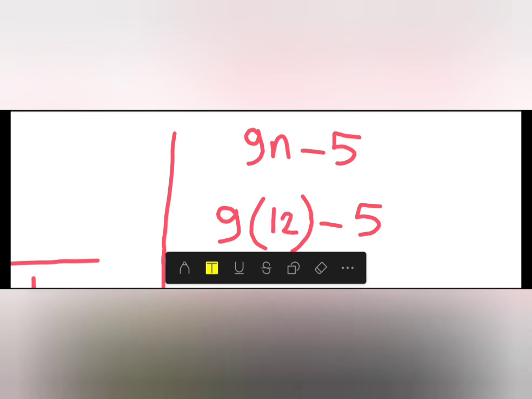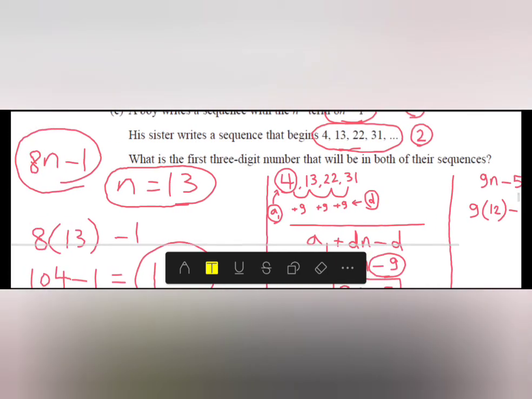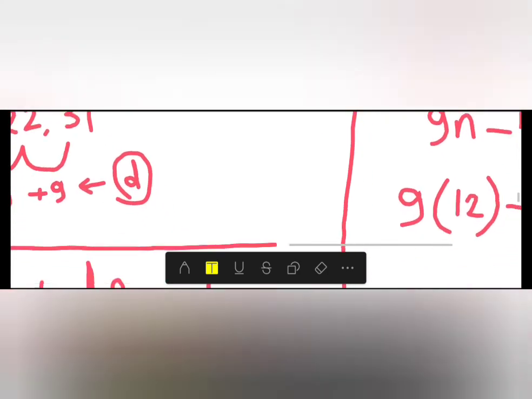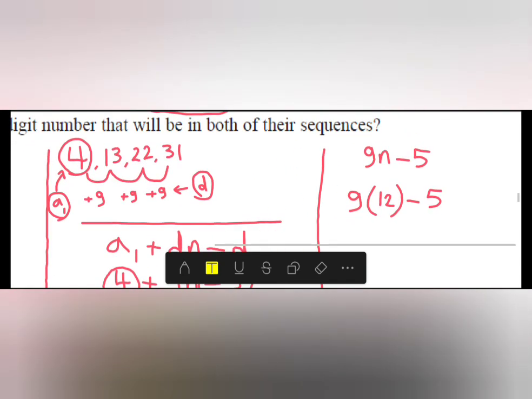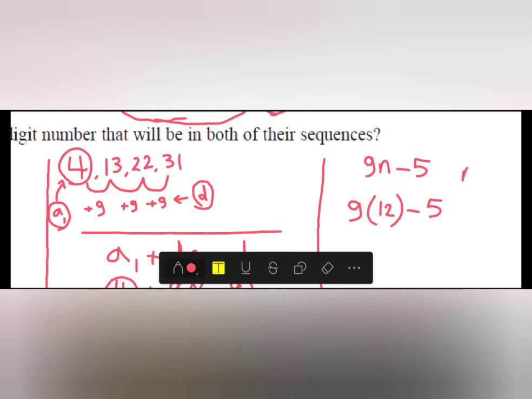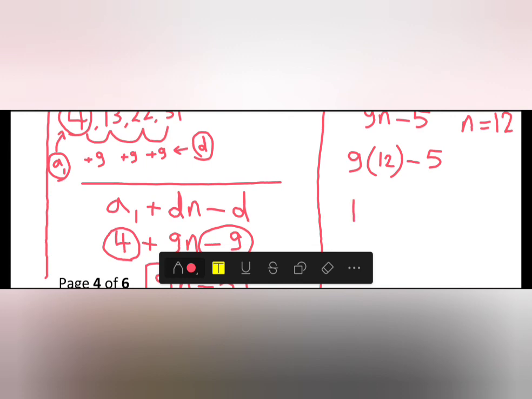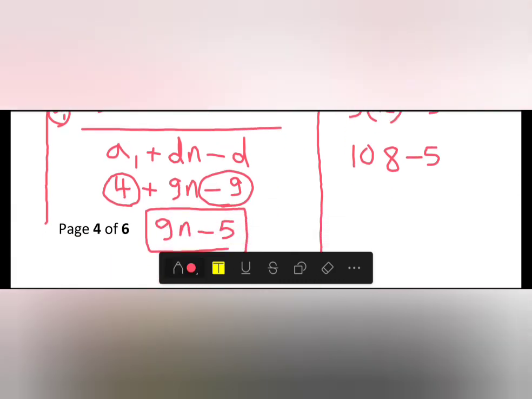So n equals 12 for the girl's sequence. So 9 times 12 equals what? Very good. It equals 108. And then minus 5 equals, very good, 103.